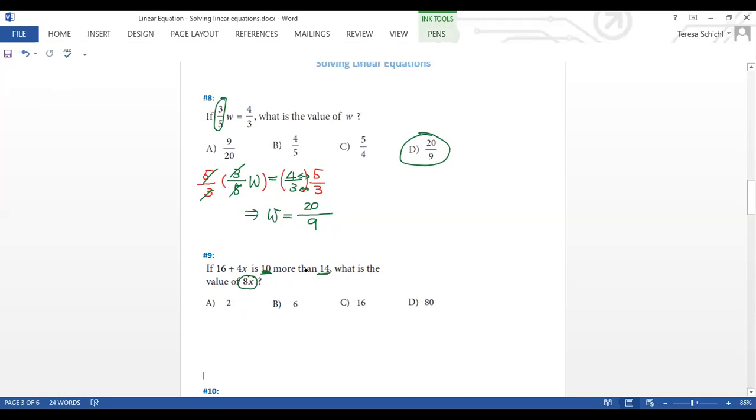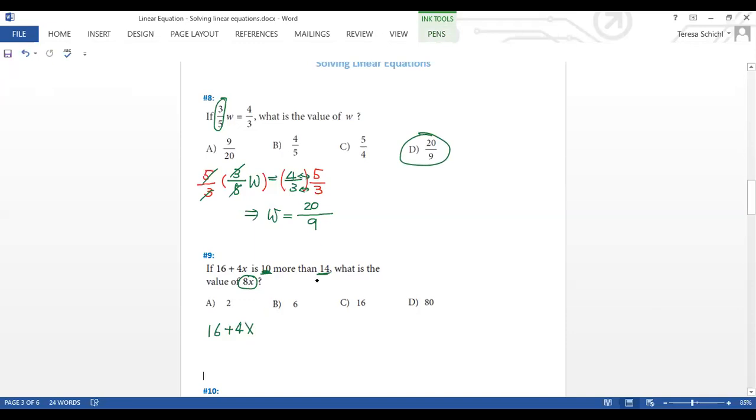Let's take a look. 14 plus x is 10 more. So that means 16 plus 4x is how many? It's 10 more than 14. This is 4x.